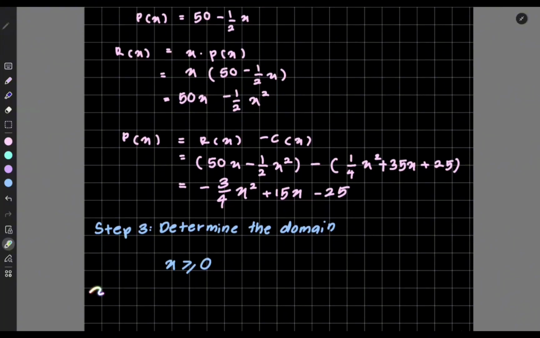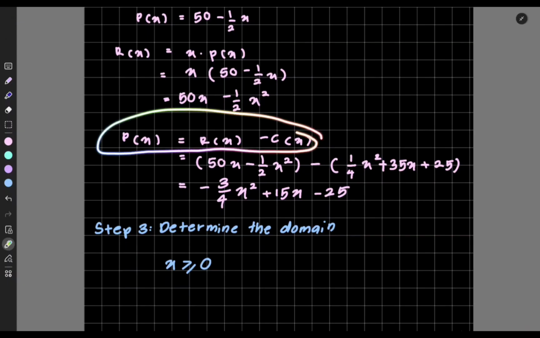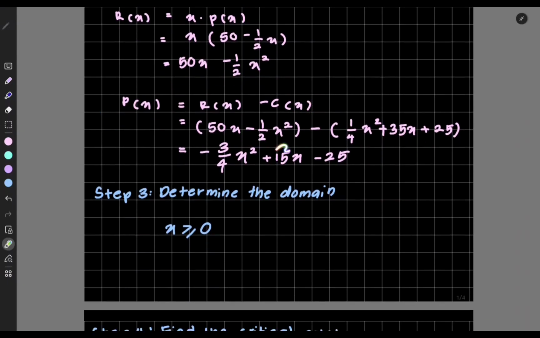Now we subtract the cost function to obtain the profit function. We remove the brackets and subtract like usual, and this will be the answer. This is now a single variable function which allows us to use calculus.